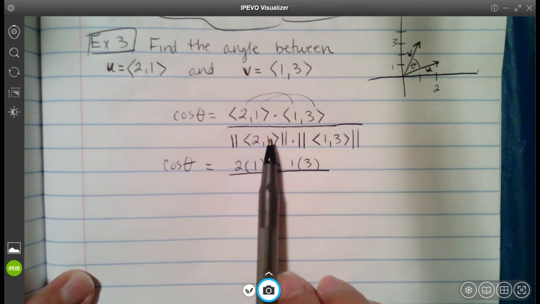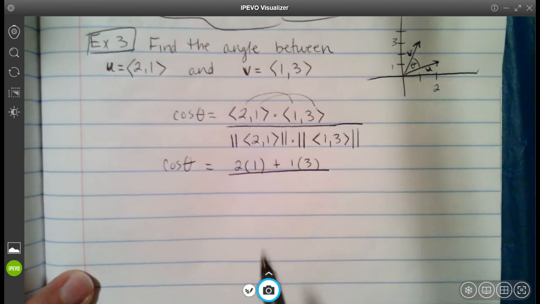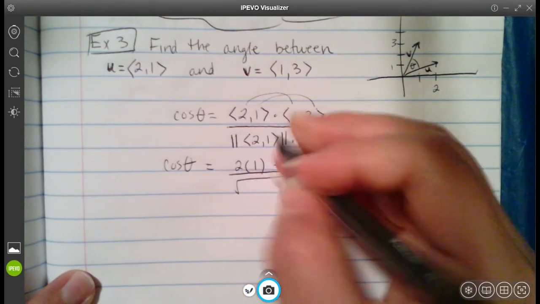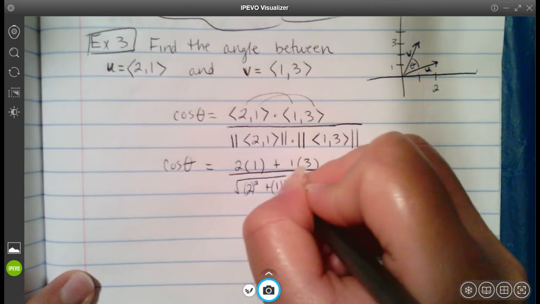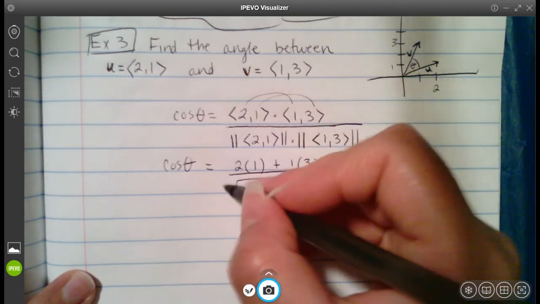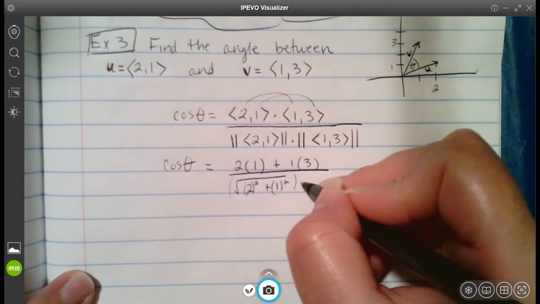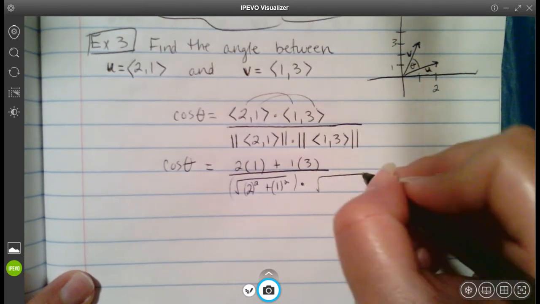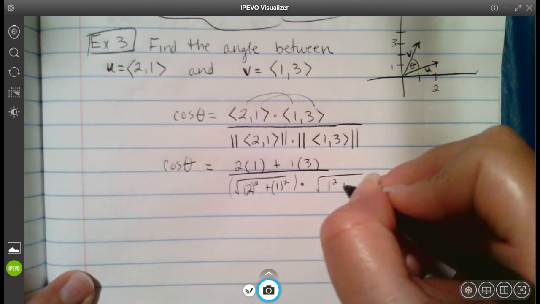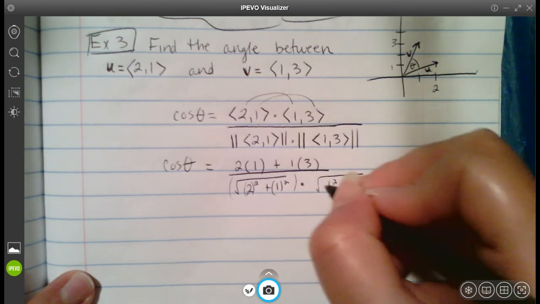It was just the square root of this squared plus this squared. It's the same concept. So we're going to have the square root of 2 squared plus 1 squared, times the same thing for this one: the square root of 1 squared plus 3 squared.